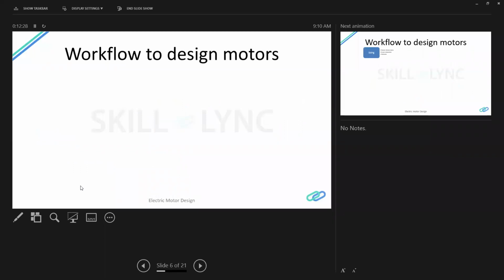So if somebody asked me to design an electric motor, this is the workflow that I would follow. I would start with sizing. Let's say you're given an electric bike and asked to design an electric motor that works with it.